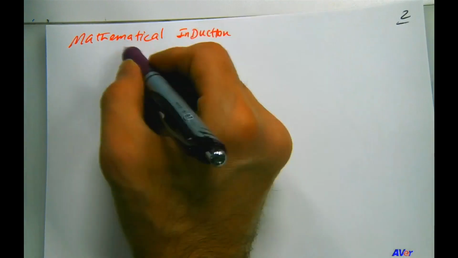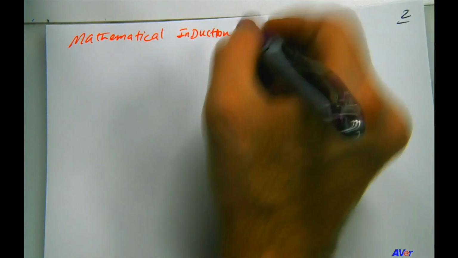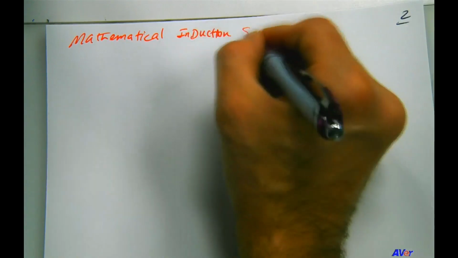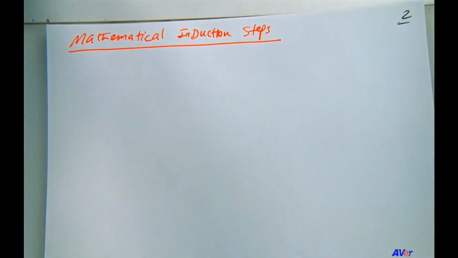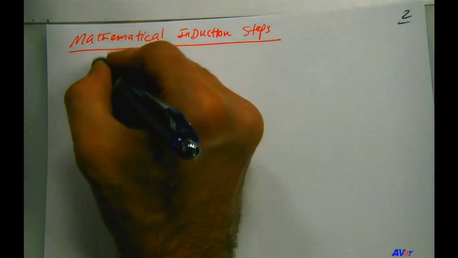I should have called this steps to mathematical induction, or I can just call it mathematical induction steps. Like that. So for this way of proving a mathematical statement, there are 4 basic steps. So what are those steps?